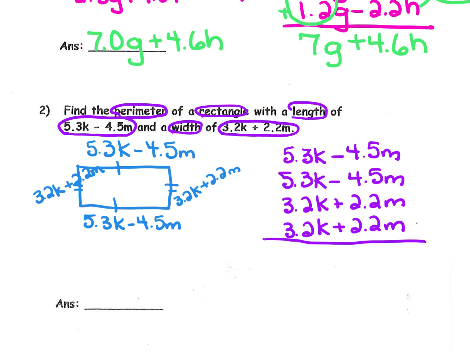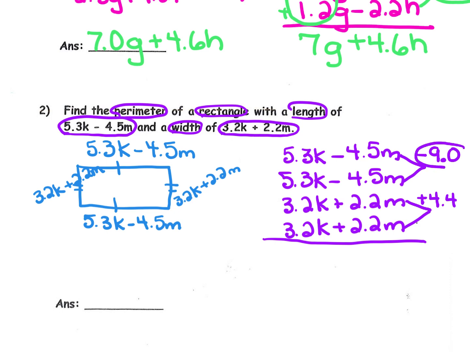If you're ready, grab your calculator and let's start term combining. I'm going to start with my M terms here and take a negative 4.5 and a negative 4.5 and combine them. You should get a negative 9 and then a positive 2.2 and a positive 2.2 make a positive 4.4.